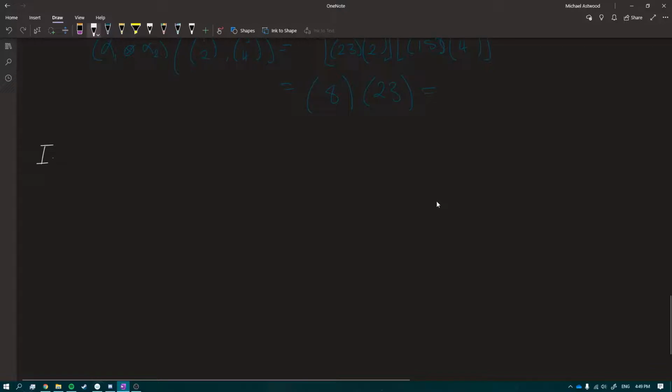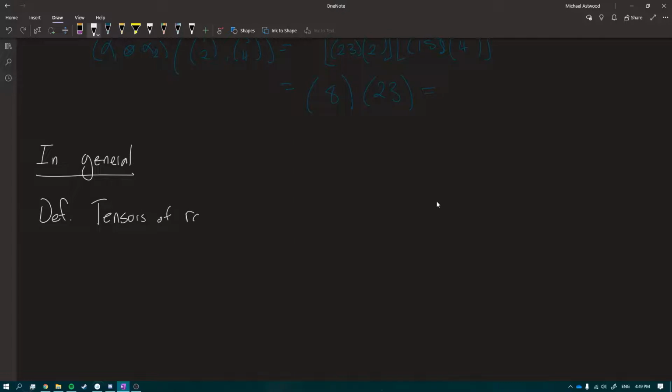So in general, let's try to find a basis for tensor product space. So let's define it. Tensors of rank (n, m) we're going to name V star to the tensor n, with a little tensor product here. And then we're going to tensor this with V to the tensor m.